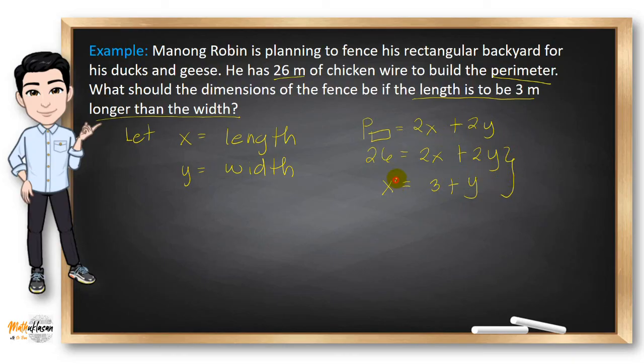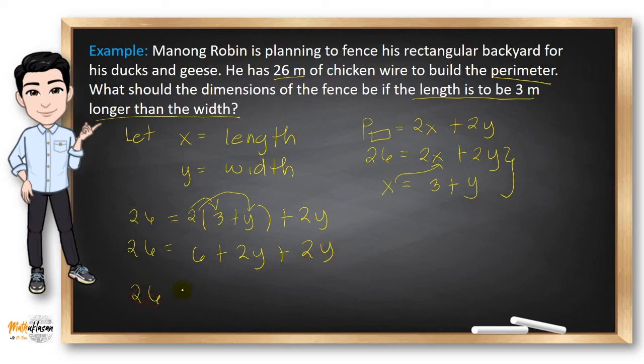By substitution method, I'm going to place the term 3 plus y here. So we'll have 26 equals 2 times 3 plus y plus 2y. So 26 equals, by distribution, 6 plus 2y plus 2y.